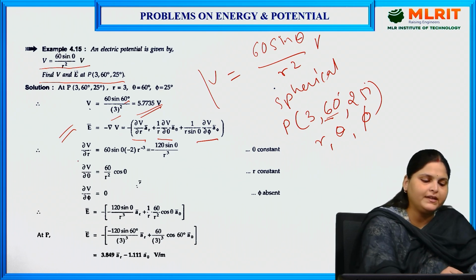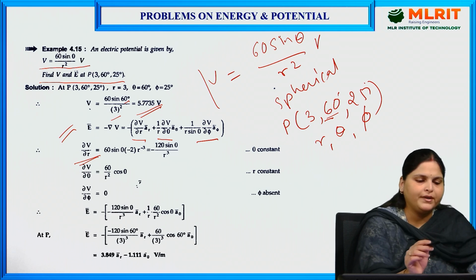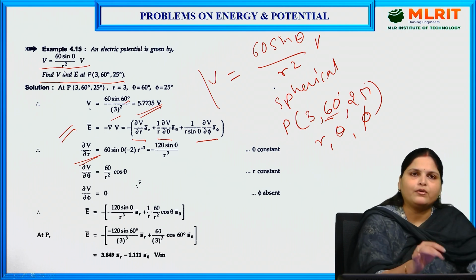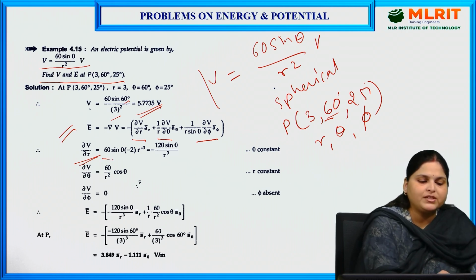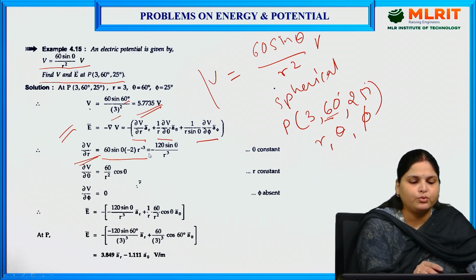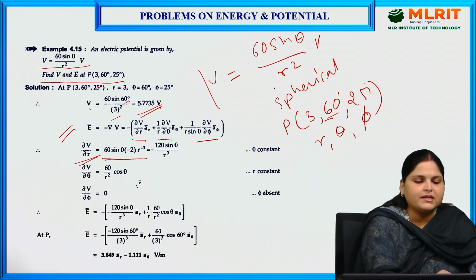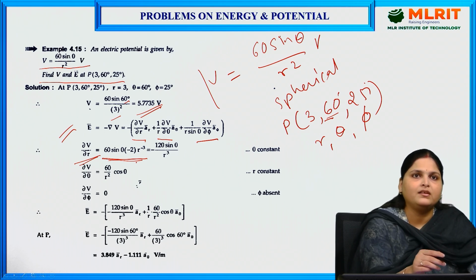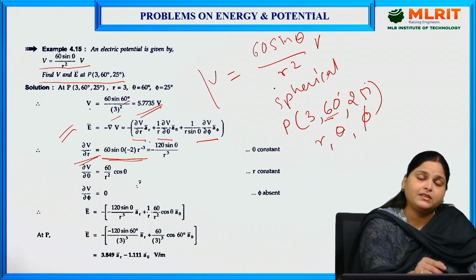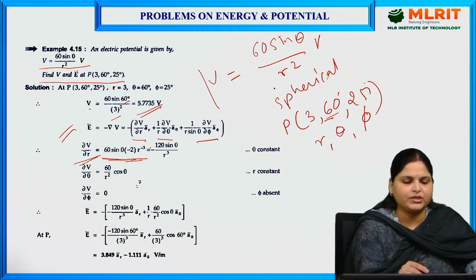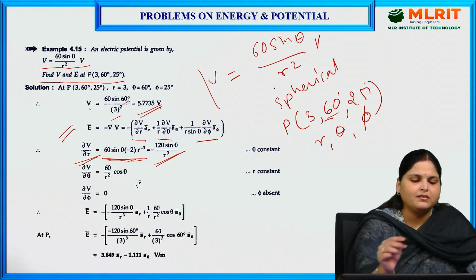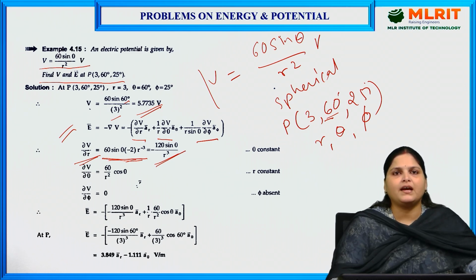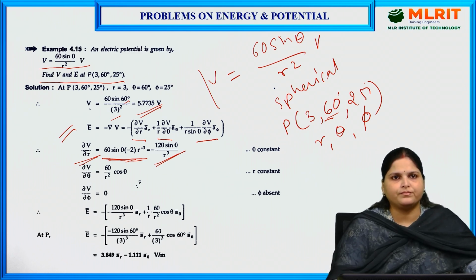First, we will calculate dou V by dou R. When we take the partial differentiation of V with respect to R, we get 60 sine theta times minus 2, which was the power of R, and R to the power minus 3. So the answer is minus 120 sine theta upon R cube.